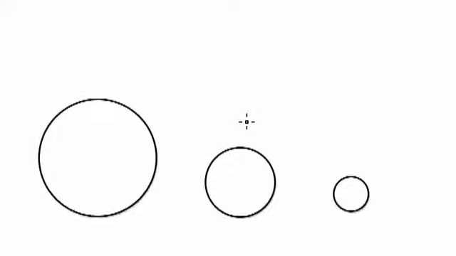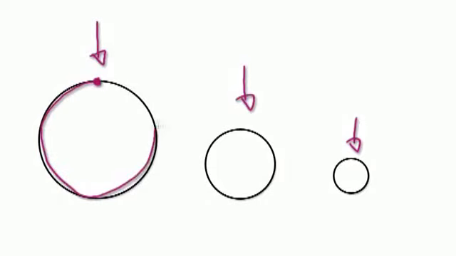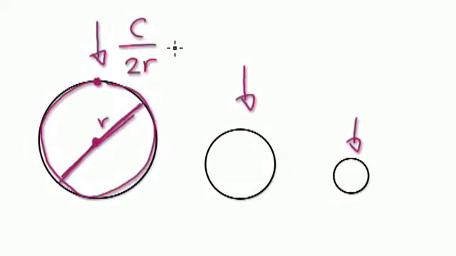A long time ago, people had a strong feeling that there was some sort of connection between a big circle, a medium circle, and a small circle. They knew there was some sort of connection. It turns out that if you get the circumference of this big circle here, and divide it by 2r, which is this distance here, you're going to get a special number.